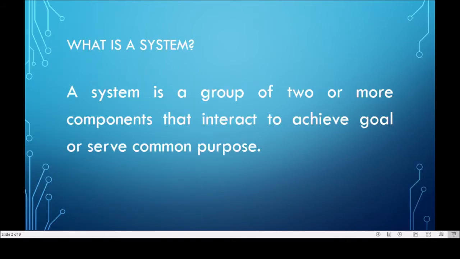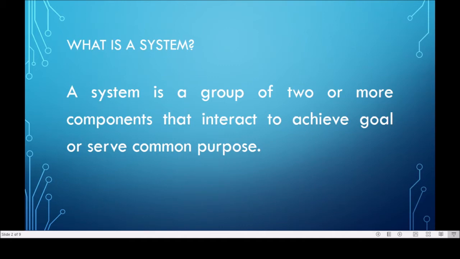Okay. The first term that we need to understand is what is a system. A system is a group of two or more, again, two or more components that interact to achieve a goal or serve a common purpose. For example, a yo-yo is a system because it is composed of two or more components.